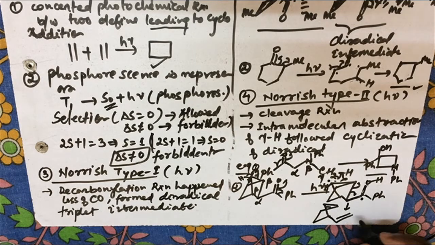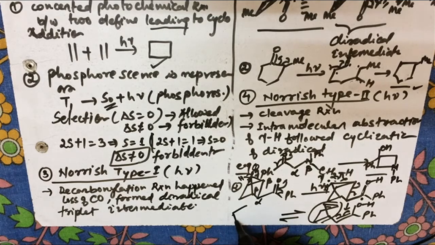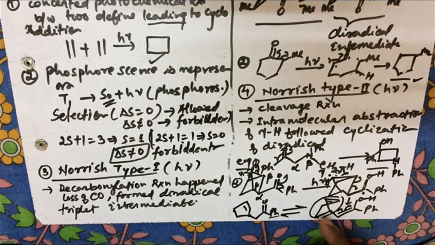Here you will get a double bond, and here this Ph. So basically you get the 5-membered ring. After tautomerization you will get the product. Tautomerization like this, and you will get the product. This is your final product.